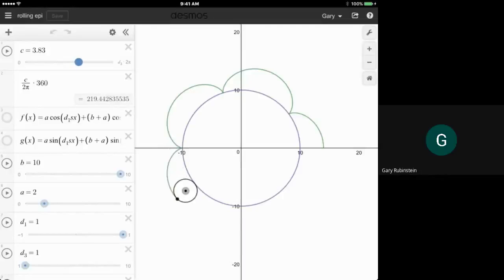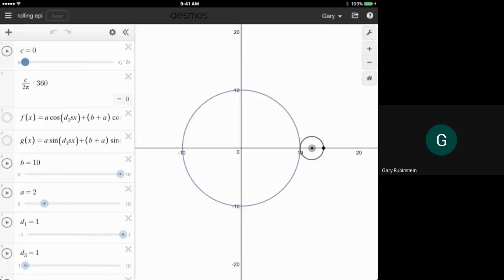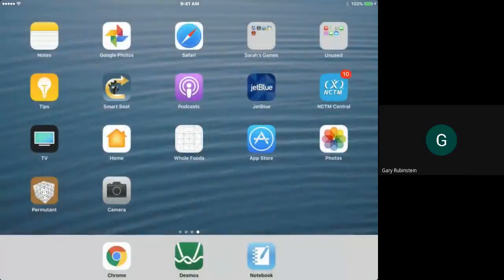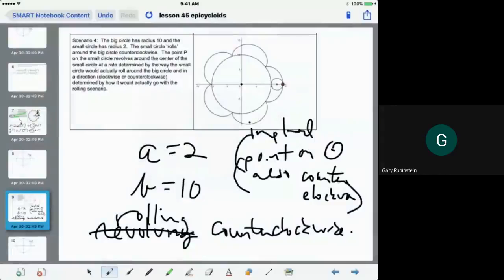Even though it could float that way, an actual circle rolling must go like this. And here it is going the other direction. If it's going clockwise, the point on it would have to go clockwise also. Otherwise, it would just look wrong because it can't happen. But if something's floating, then that can't happen.